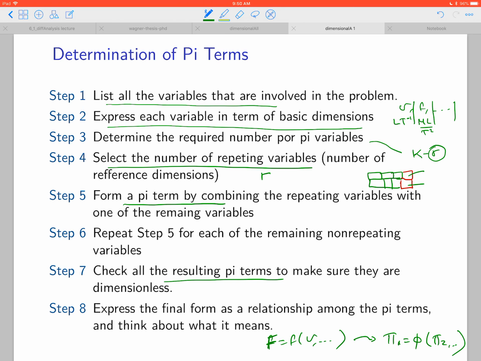So this is going to be a different relationship. The important thing is to try to maintain the same form. If force was the dependent variable, try that the first pi variable, the one corresponding to the dependent variable, will have the force in there.